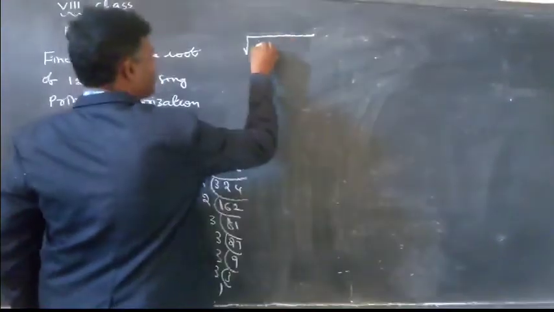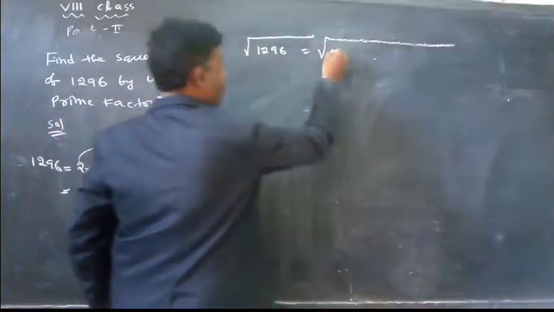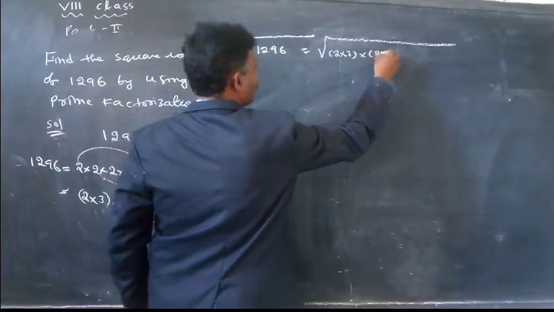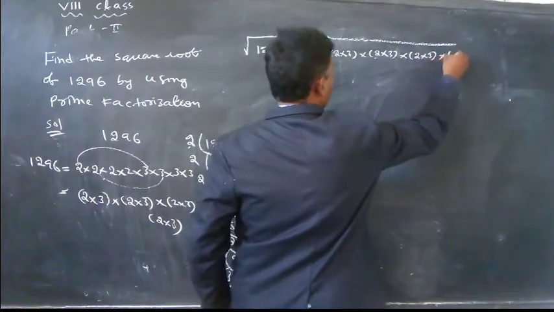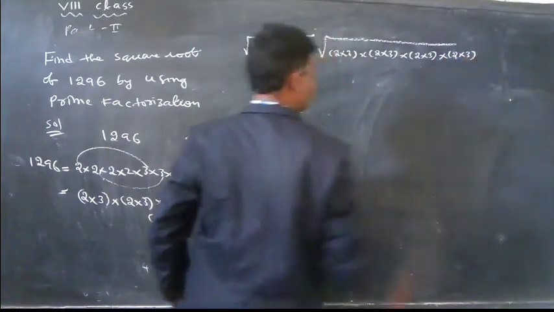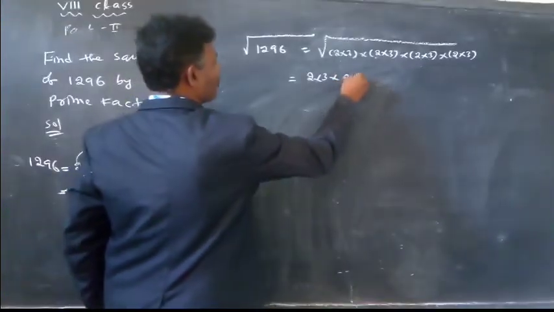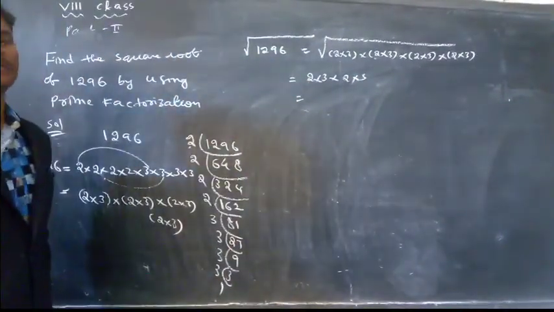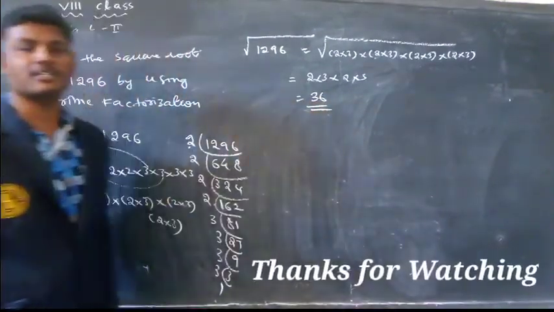Now I need the square root of 1296, which is the square root of 2 into 3 into 2 into 3 into 2 into 3 into 2 into 3. Out of those 4 pairs I am taking 2 pairs: 2 into 3, 2 into 3. 2 threes are 6, 6 twos are 12, 12 threes are 36. So the square root of 1296 is 36.